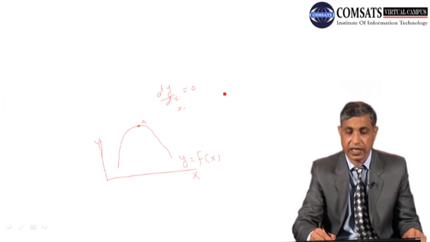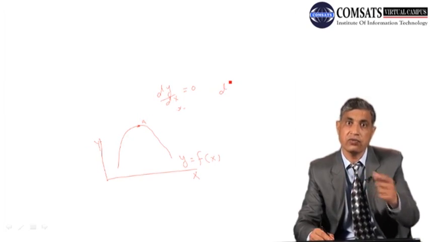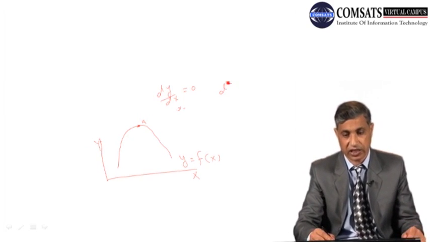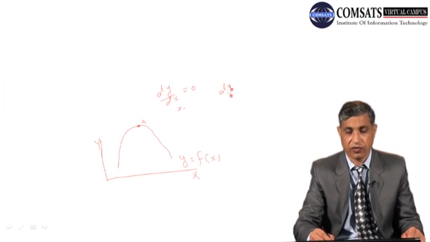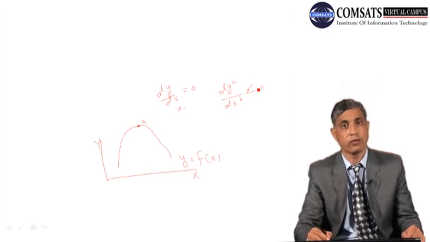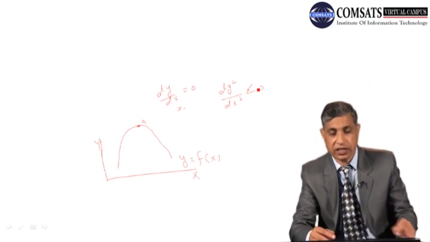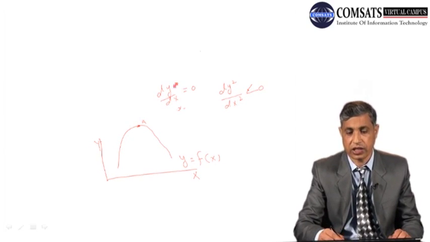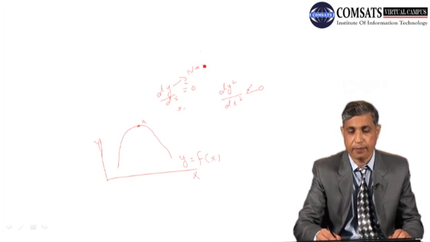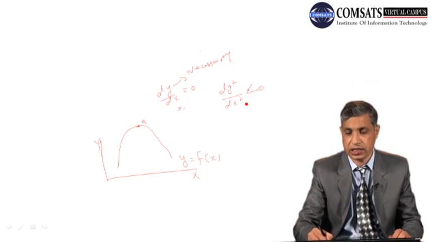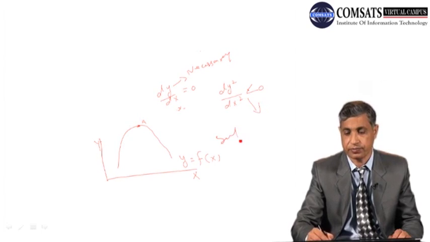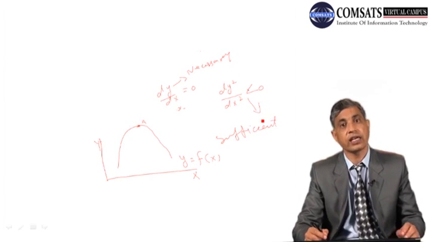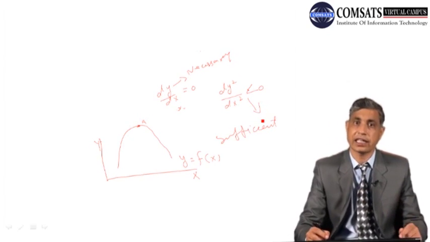And the second derivative, if we take the same function and again take the derivative of that function, d squared y over dx squared, it should be negative, less than 0. We will be proving this. The first condition is called the necessary condition, and this condition is called the sufficient condition. So these conditions are for the maximum, that point A is at the maximum.